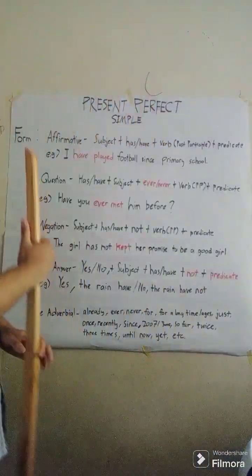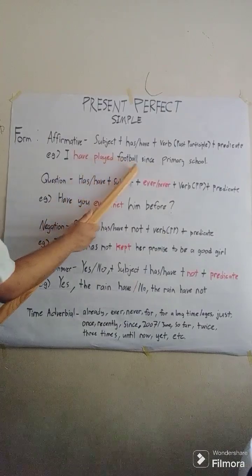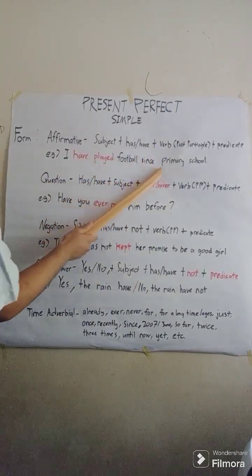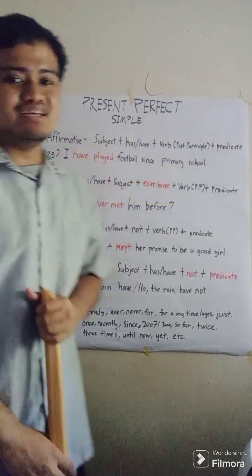For example, I have been here for a long time, or I have been here for around 3 months, or I have been here for 3 minutes. Okay. Next, we use since to show a point of time in the past. For example, I have played football since primary school. Okay?